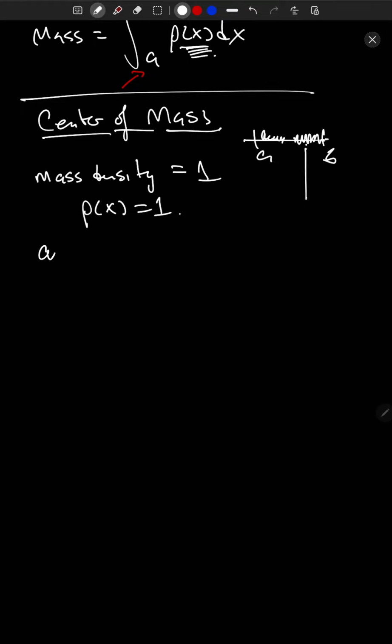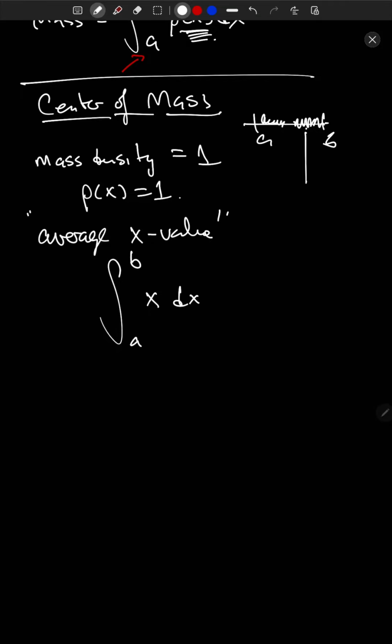So average x value. It's going to be the integral of x dx from a to b, and then we have to divide by the mass. Let me write the mass like this. Divide by the mass, the integral from a to b of 1 dx.